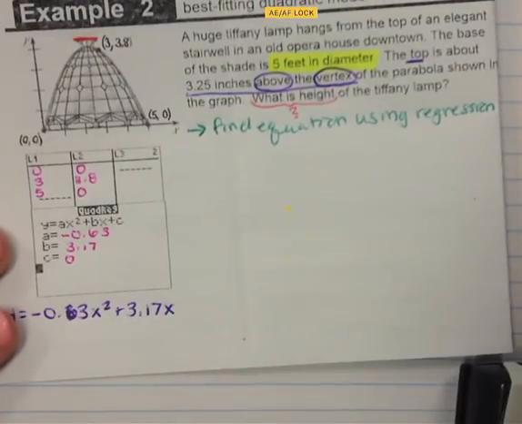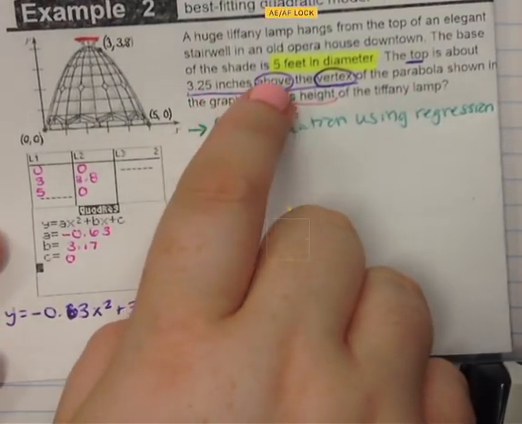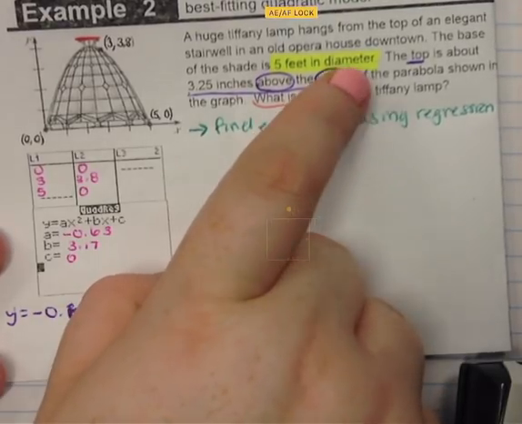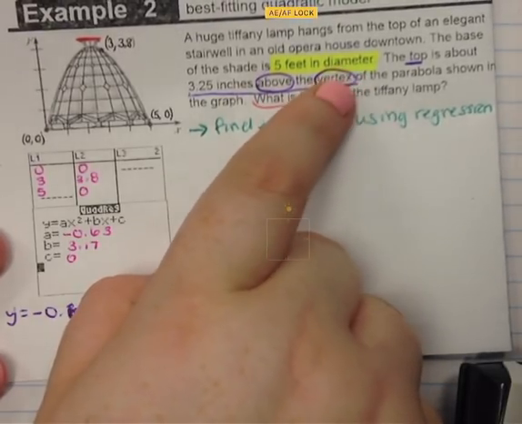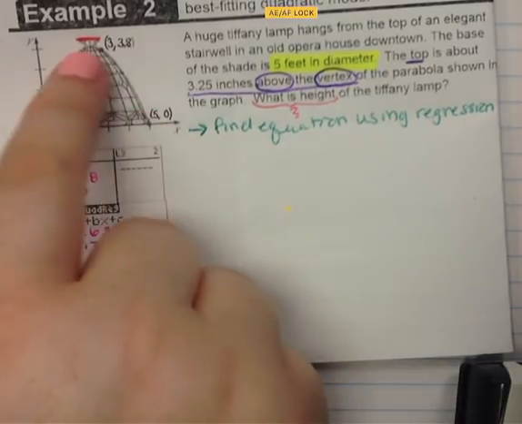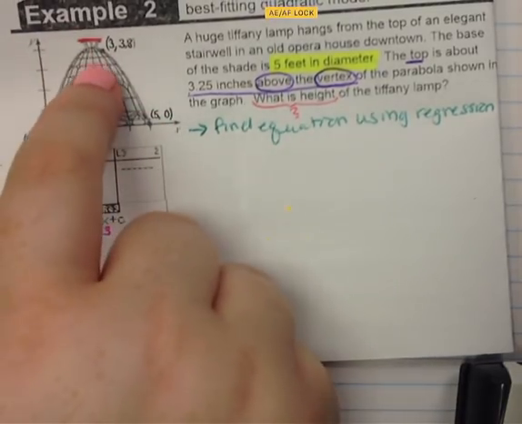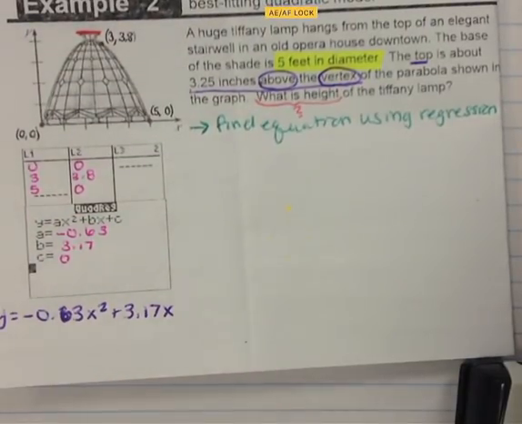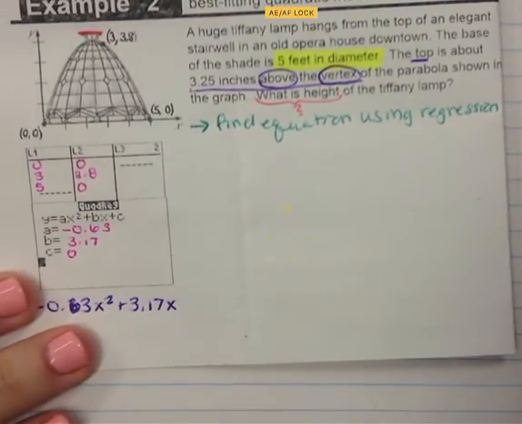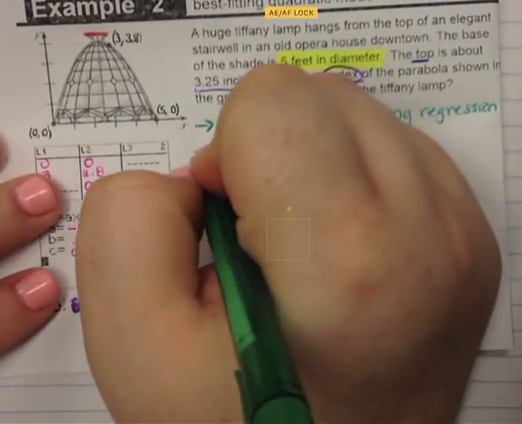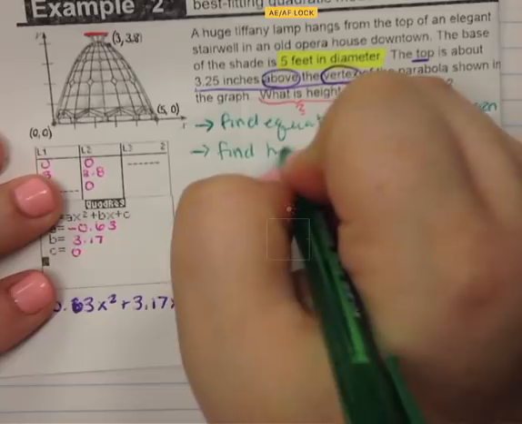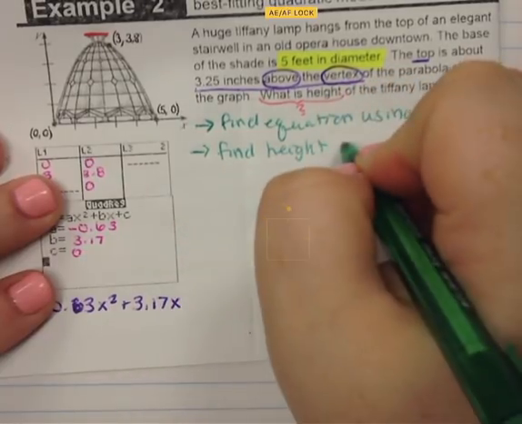Now it does say that the top is about 3 1/4 inches above the vertex. So what does that mean? It means we really need to find the vertex of our parabola and then go above it. So instead of trying to guess where it's at, we can actually find the vertex from our calculator. So the next step in the problem would be to find the height of the parabola.